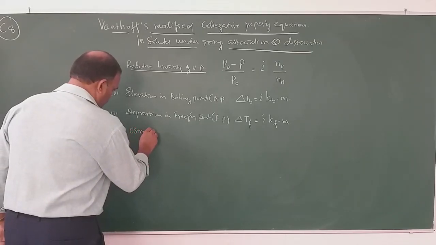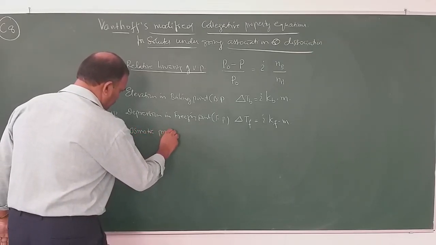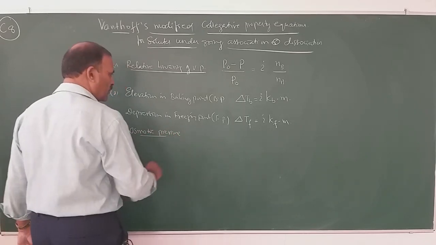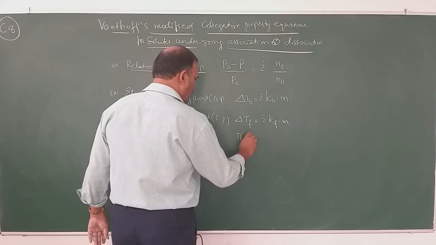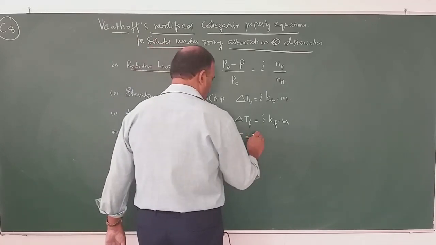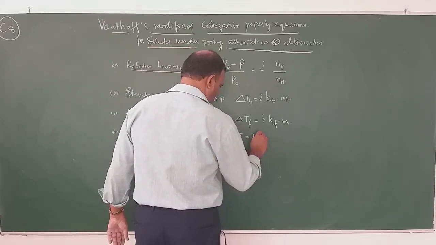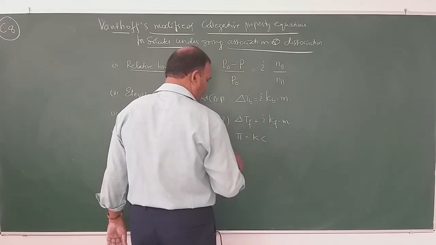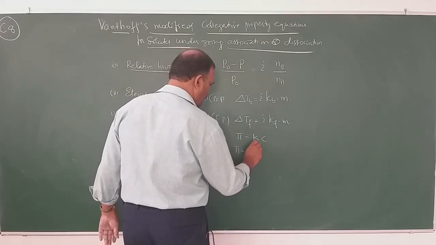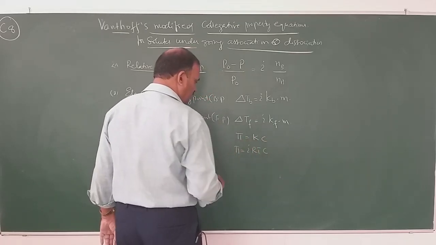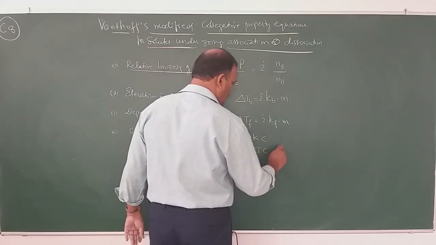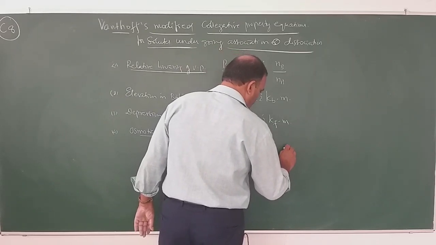And the fourth one is osmotic pressure. Osmotic pressure, designated as pi, is equal to K into C, or pi is equal to RT into C, and this one is i, where C is the molarity.